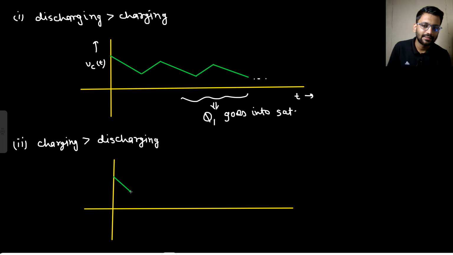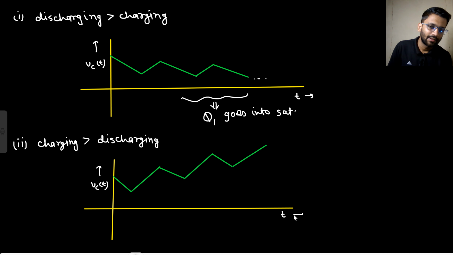It discharges less, but charges more. So VC is going up. In this way, your VC is going up. And if VC goes up, that means Q2 goes into saturation.